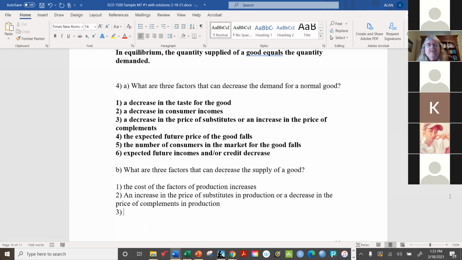So in other words, if corn becomes more expensive, we'll grow less wheat and vice versa. How about the price of the good is expected to increase in the future. So therefore, we want to hold back on our sales and sell this product in the future when prices are higher.